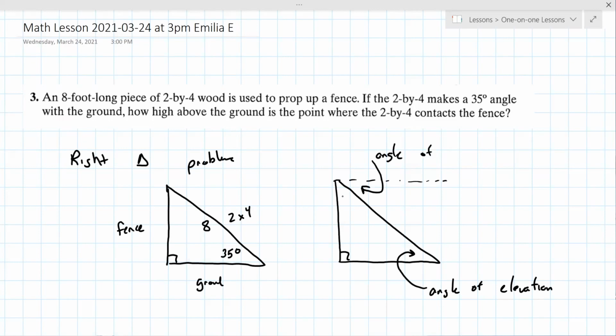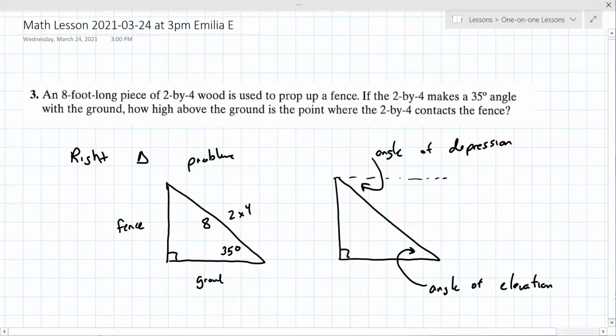Notice it's not pointing to the angle inside the triangle. It's pointing to this other angle, sort of as if you were looking down. These two angles are congruent because these two lines are parallel, and parallel lines cut by a transversal give you this nice congruency. It doesn't have anything to do with this question, but it could be asked.